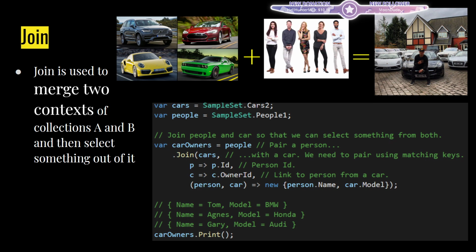So if we have context A and context B, for every A and B, there will be C that contains both A and B. So for example, if we have a person and a car, from a person we can select a name, and from a car we can select a model. And so in our new object we'll have every person with its belonging car model.